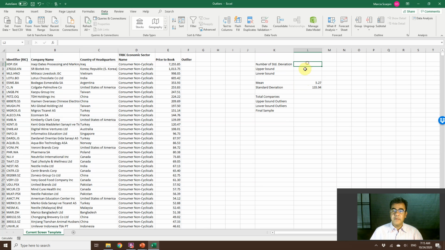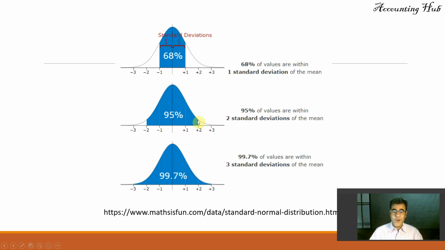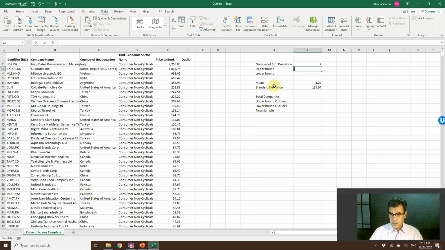And let's work with two standard deviations. And our upper bound, so our top right here, will be the mean plus 2 standard deviations.